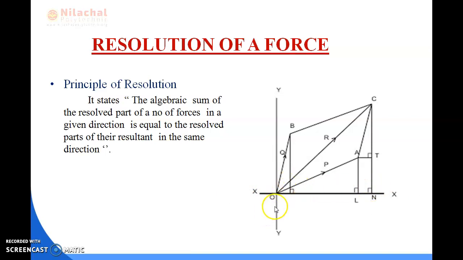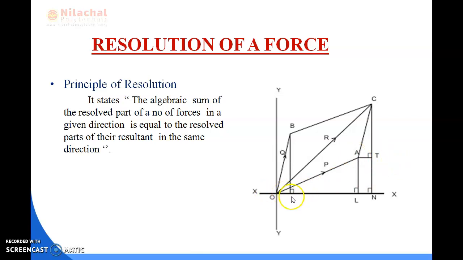From point A we draw a perpendicular to CN, making triangle ACT, which is equal to OB. So AT is equal to LN, and LN is equal to OE.